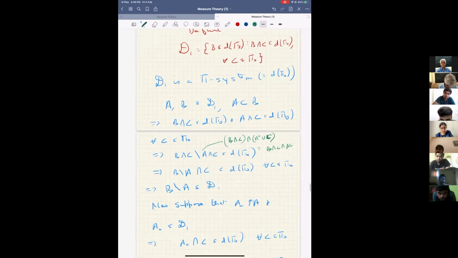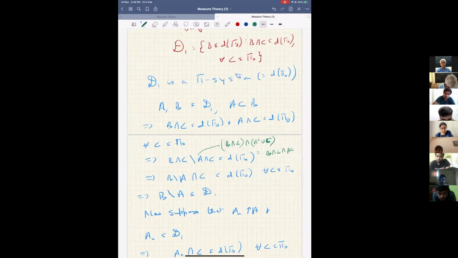And this is nothing but, sorry, have I written something wrong? Yeah, no, I think I've written wrong. And this is nothing but B minus A intersection with C. Right? B intersection with A complement, that's B minus A intersection with C. So that's exactly this guy here.